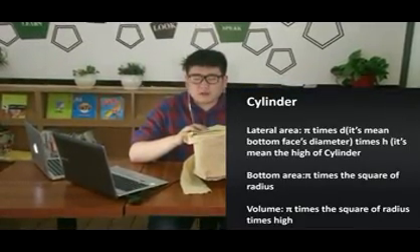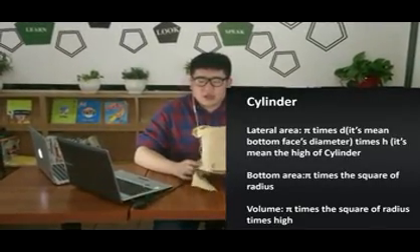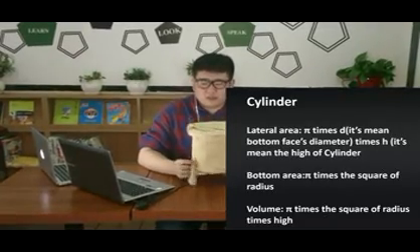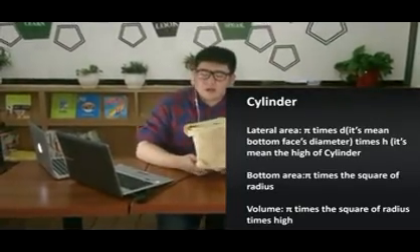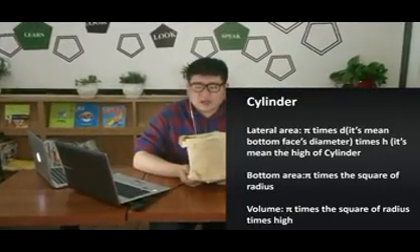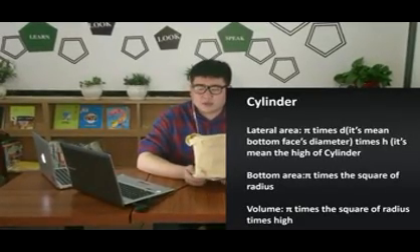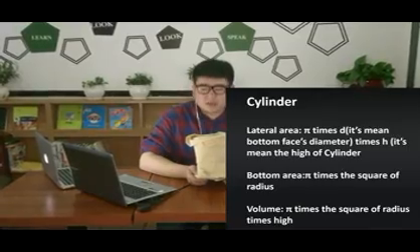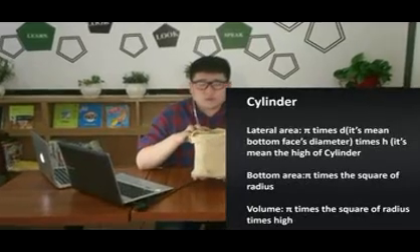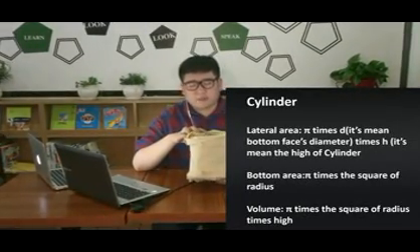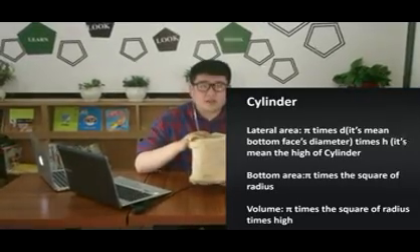D means the bottom face diameter times h. H is the cylinder height, and the cylinder's bottom area formula is pi times the square of the radius. Then its volume formula is pi times the square of the radius times height.